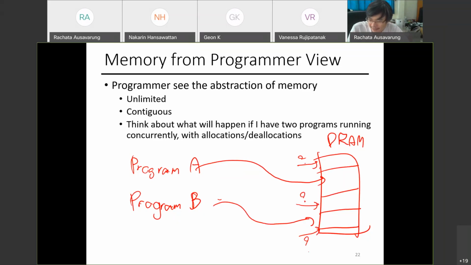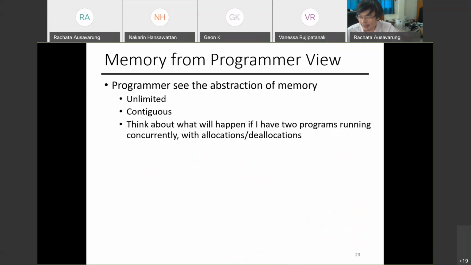This mapping is managed by virtual memory. In the next lecture and going forward, we will learn what happens here. How can you provide this benefit through virtual memory?